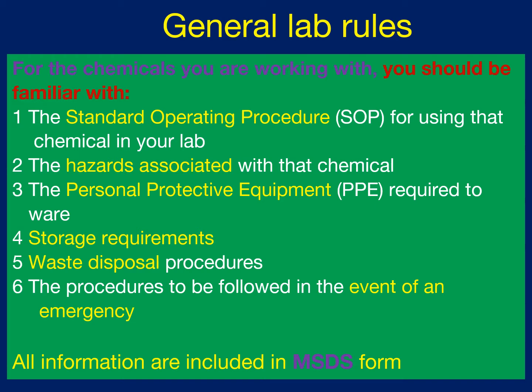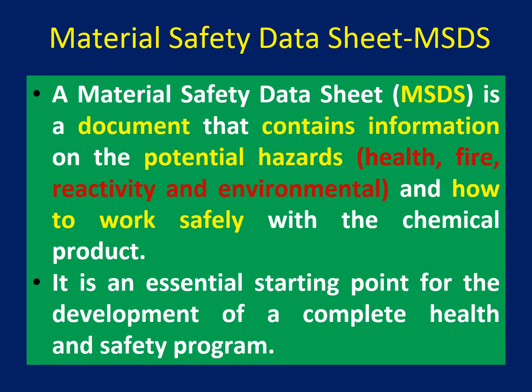Keep in mind that all this information is included in the MSDS, the material safety data sheet. The material safety data sheet is a document which contains information on potential hazards like health, fire, reactivity, and environmental hazards, and also gives information about how to work safely inside the lab.